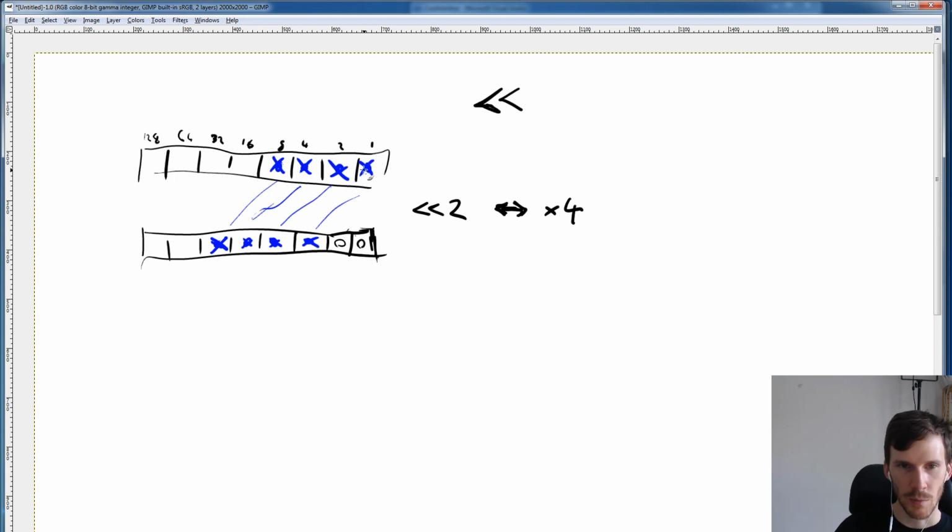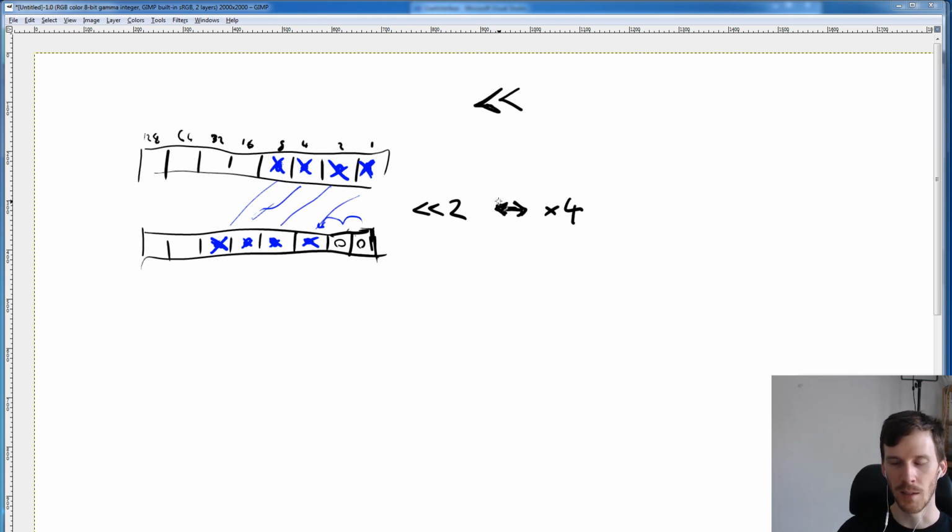So this 1 goes from the 1 spot to the 2 spot to the 4 spot. And by the same token, 2, 4, 8. So 2 times 4 is 8, and so on.